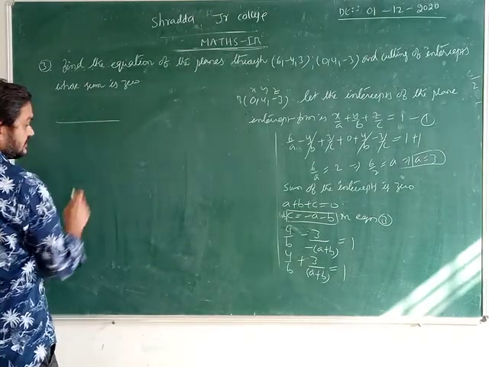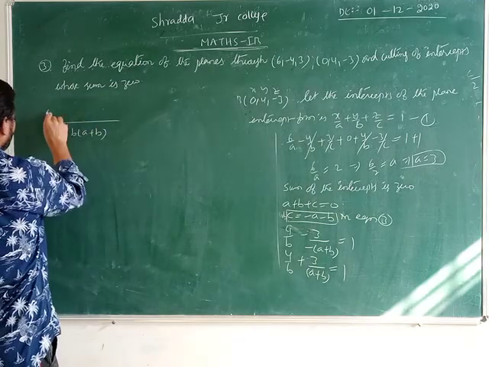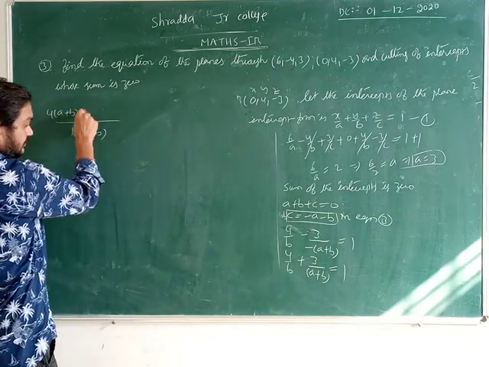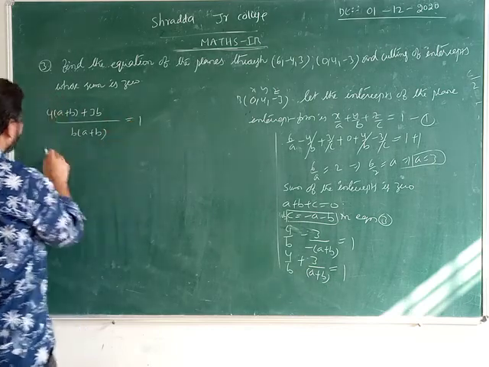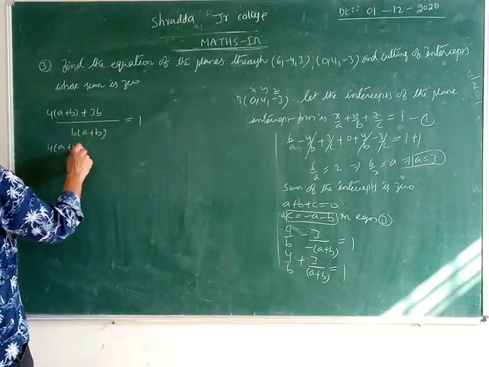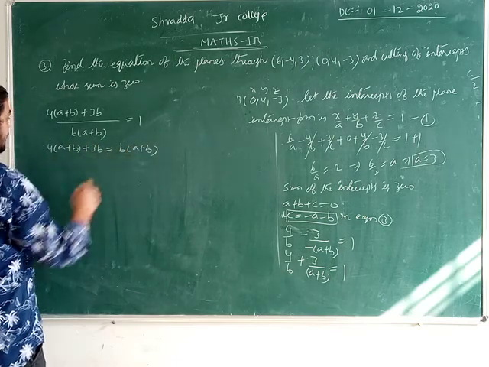Now take the LCM here: b into (a plus b). Now 4 into (a plus b) plus 3b equals b into (a plus b).